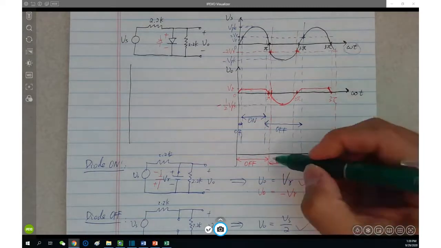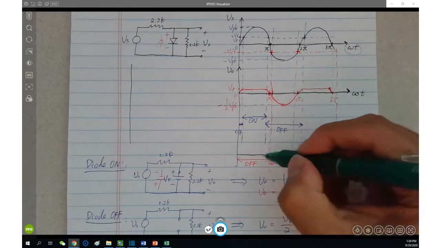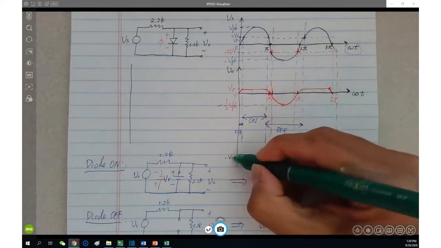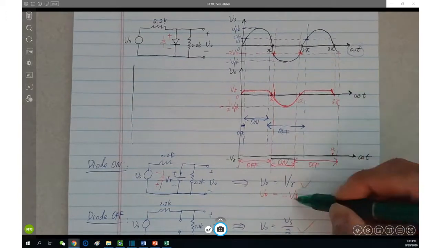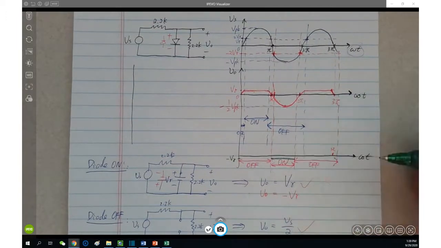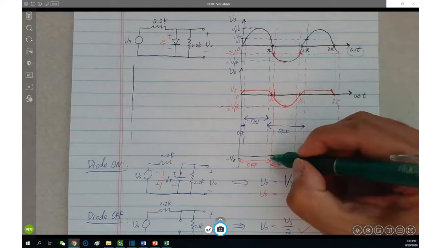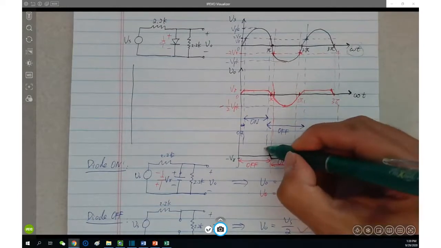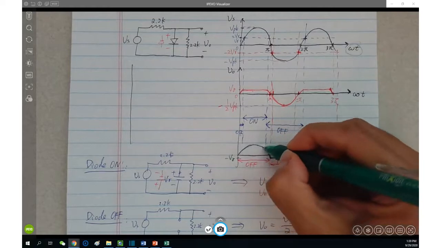Negative V gamma is here. Constant. Once again, constant, and the value is negative V gamma in this region. The rest of the place, you need to go up to half VS. VS is over here, right? What do you have? Like this.